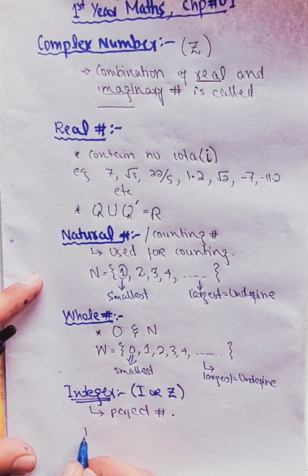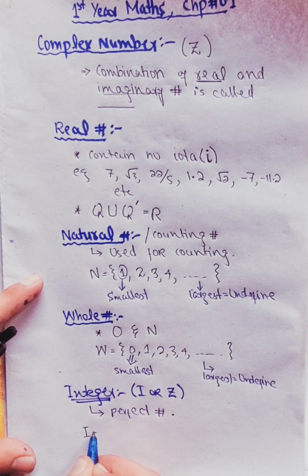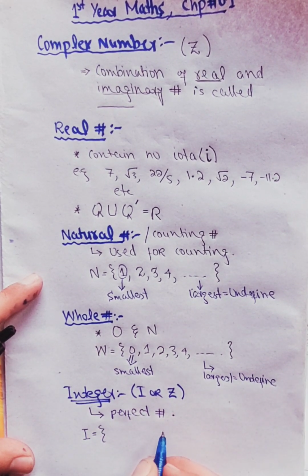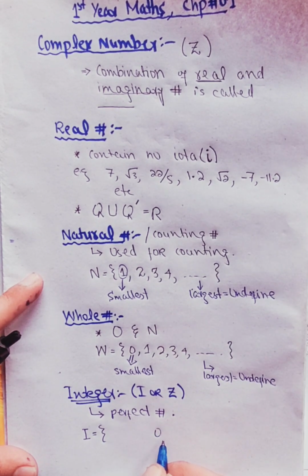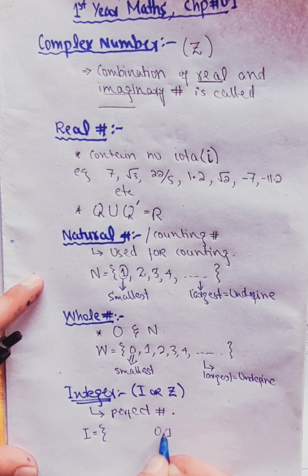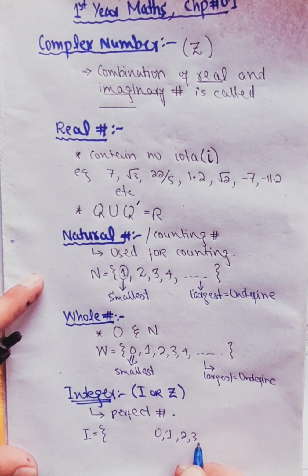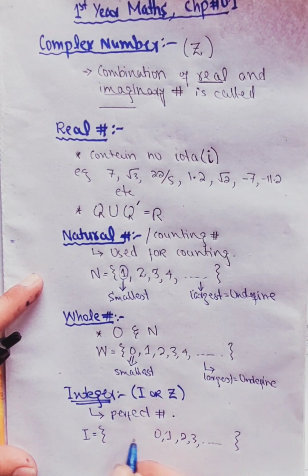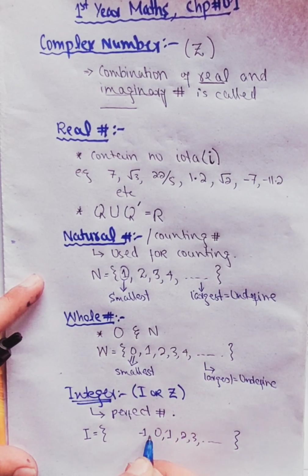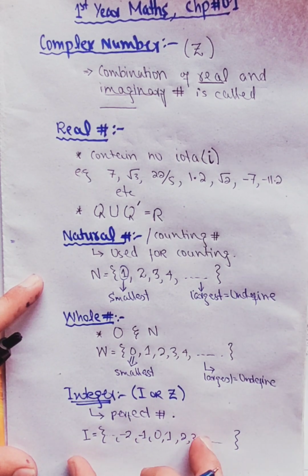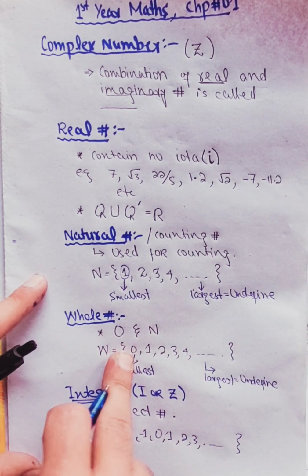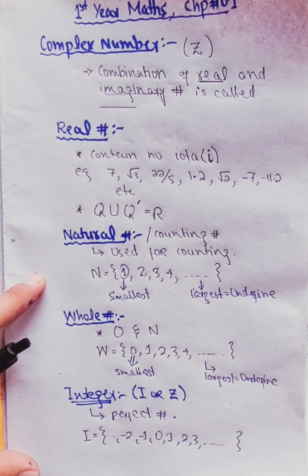So what is integer? That starts from, let's see, natural numbers are 1, 2, 3, 4, 5, 6, 7, 8, and whole numbers start from 0, and negative ones also come: -1, -2, -3, -4, -5. इसमें पॉजिटिव नेगेटिव दोनों होते हैं.